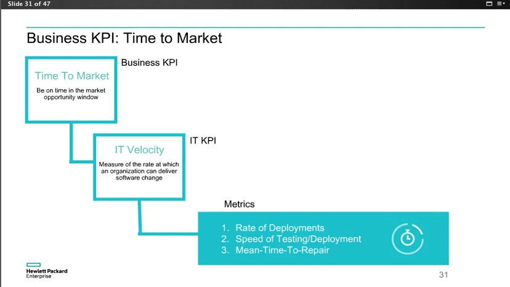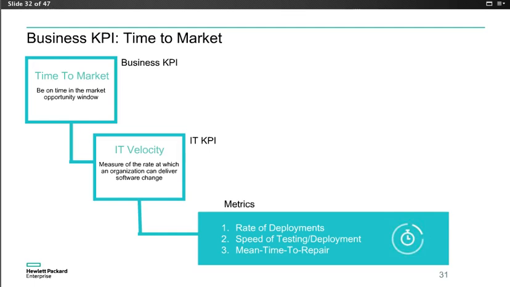It means that the business would like to be on time with new products and new services on the market, and IT can be pressed or motivated to measure the rate of software change that will be delivered on time. At the ground level of metrics, it can consist of rate of deployment, speed of testing, and mean time to repair, which can help reach the IT KPI that belongs to the time to market business KPI.